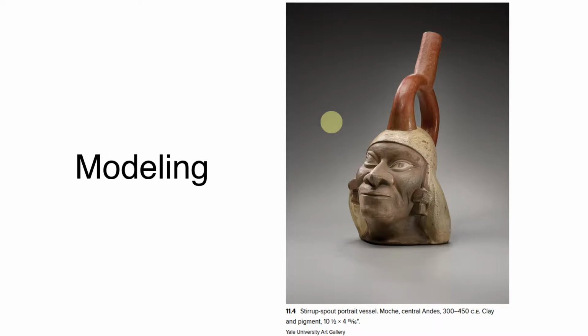Well, that's called a subtractive method, and modeling is often additive. So in this object right here, to create this form, the artist added on clay to create these facial features and this kind of crazy-looking hat and so on.